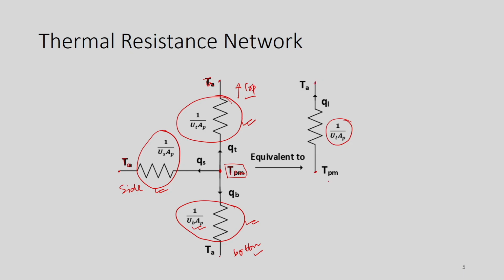Under that condition, if we know UL, then we can calculate what is QL. So, this is the equivalent thermal resistance network. The components we have discussed in the last slides are represented in this thermal resistance network diagram.